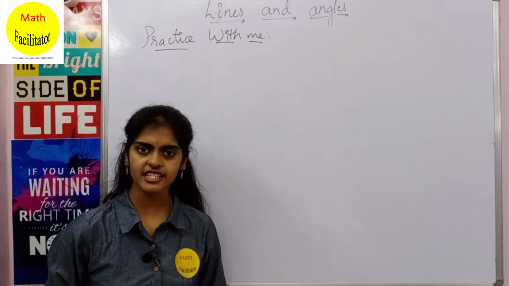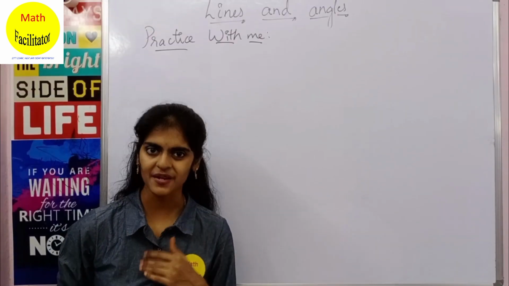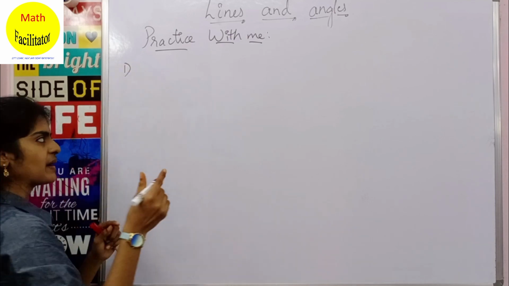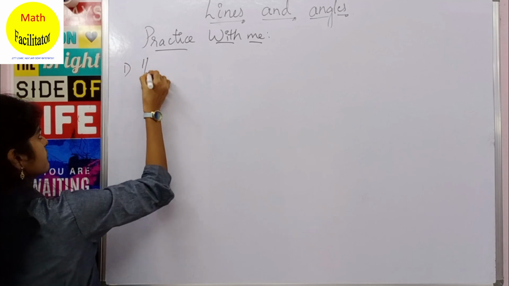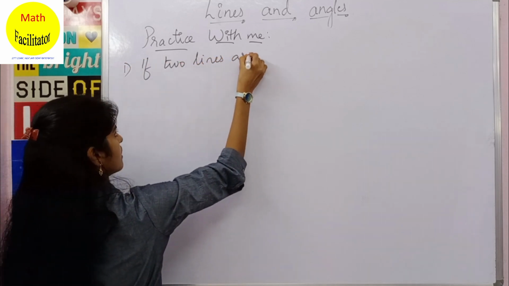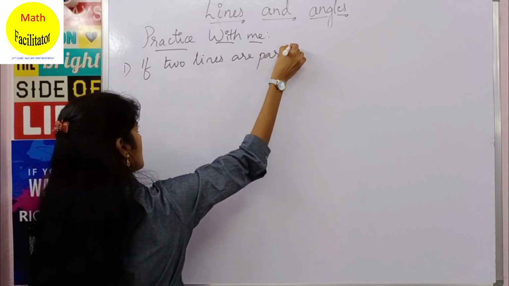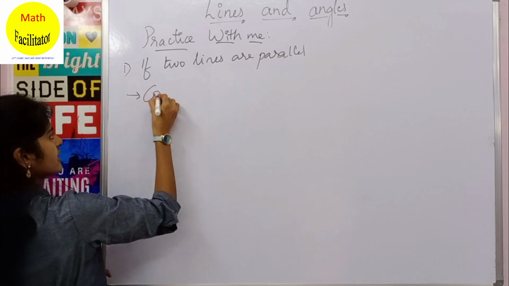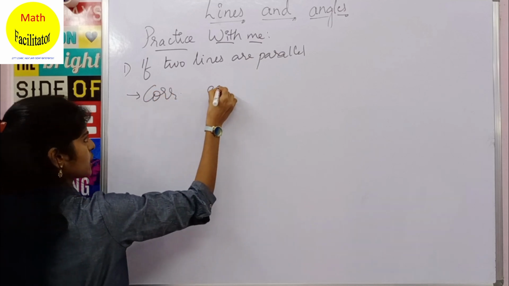So let us practice whatever we have learned till now. Come practice with me. So we have learned that if two lines are parallel, what can you say about the corresponding angles? You said that corresponding angles are equal.